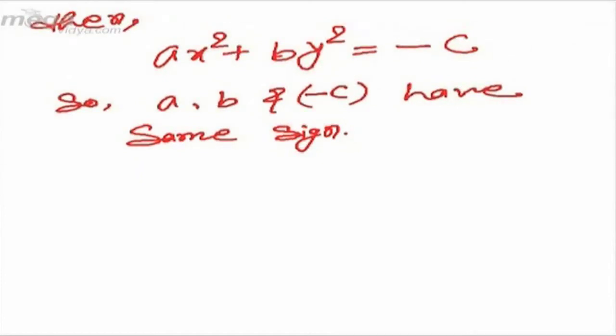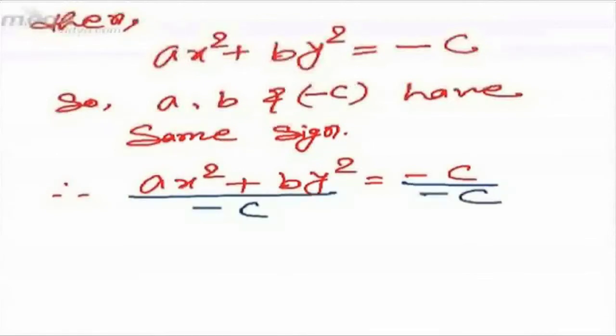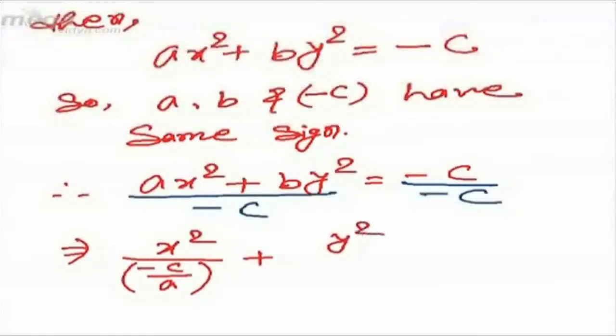Now we will check what this will represent. Here we can write ax square plus by square equal to minus c. Divide both sides by minus c. So it becomes x square upon minus c upon a plus y square upon minus c upon b is equal to 1.